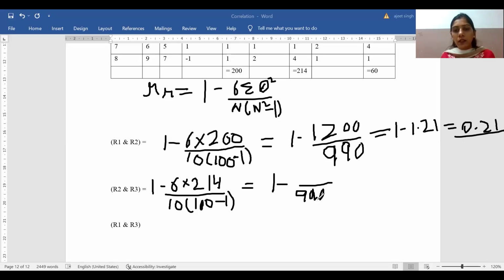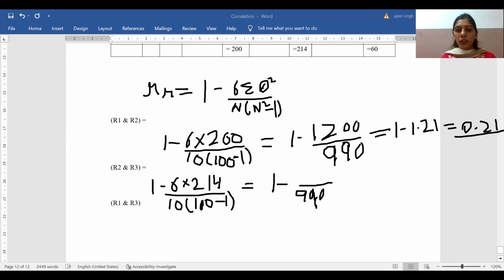So let's calculate the upper part, which is 6 into 214. Basically 6 into 214 will be 1284, and when we divide it by 990, the answer will be 1.29.